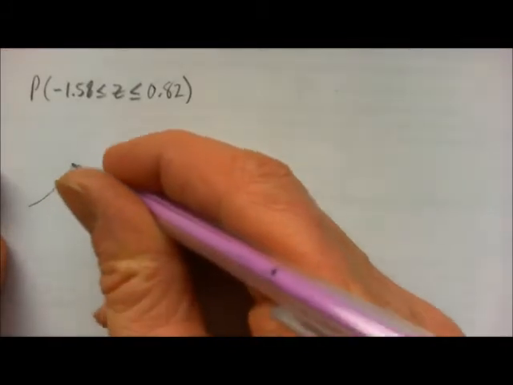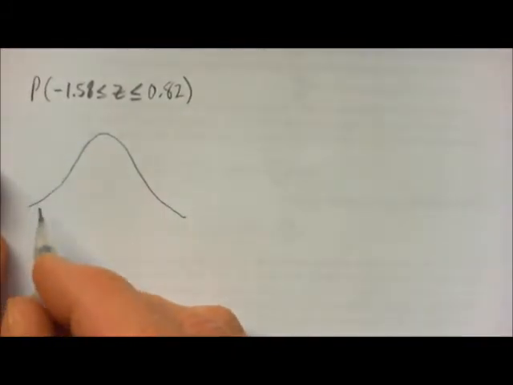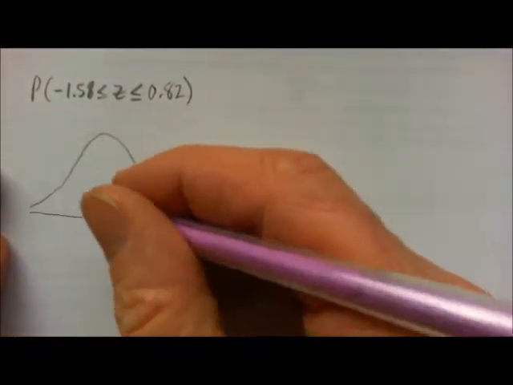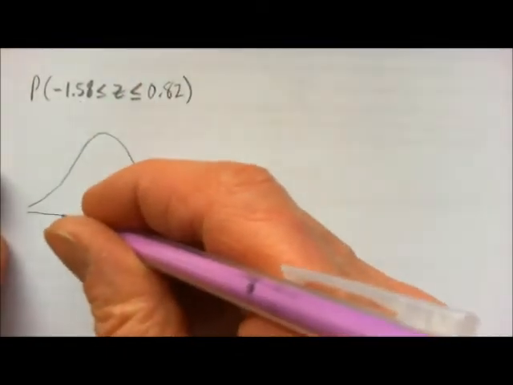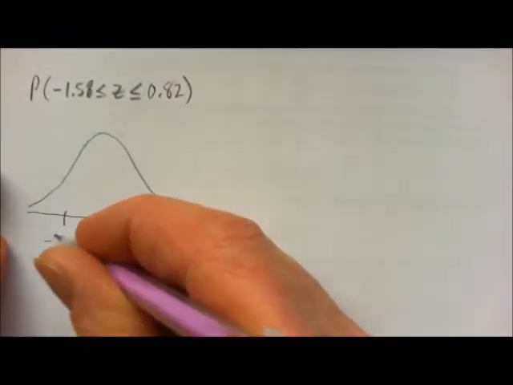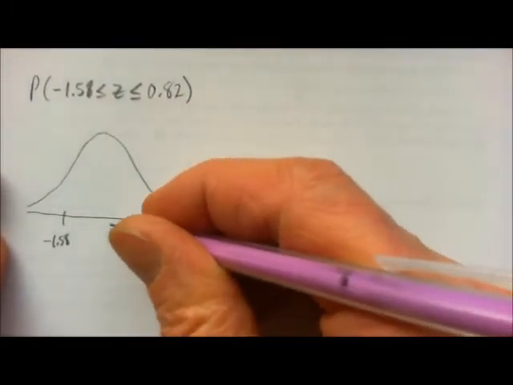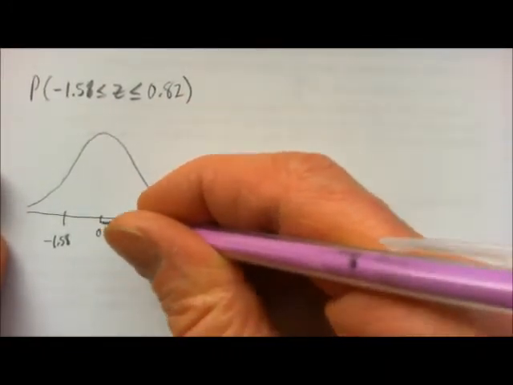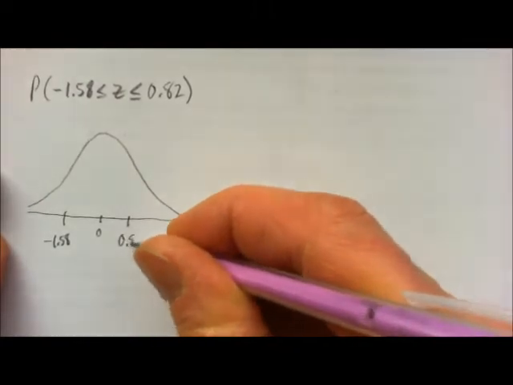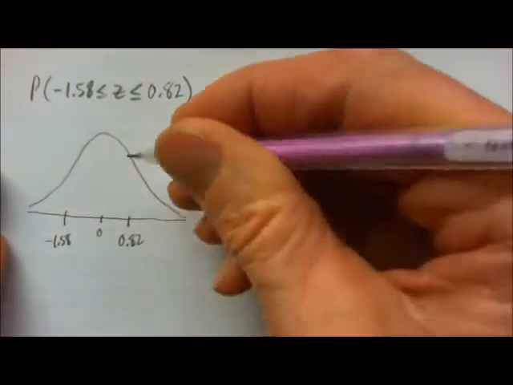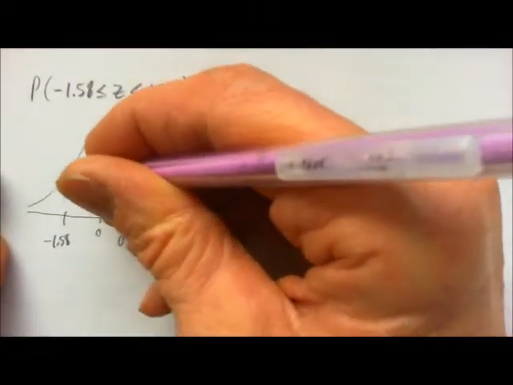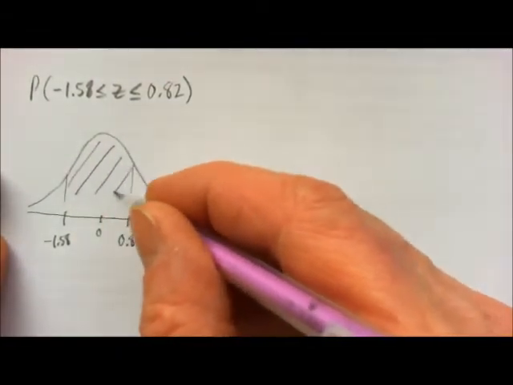So if we look at the picture, we have a picture something like this. Negative 1.58 is going to be over here somewhere. And 0.82 is somewhere to the right of 0. Let's put 0 in there. So here's our 0.82. And what we're looking for is the probability of being between those two values.